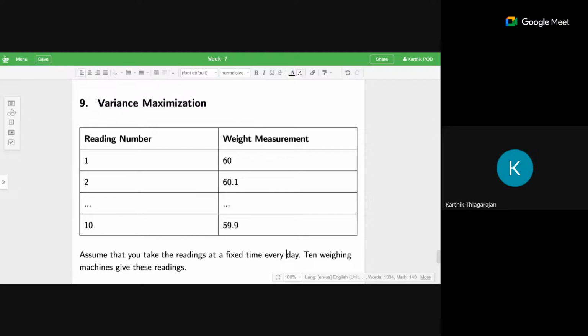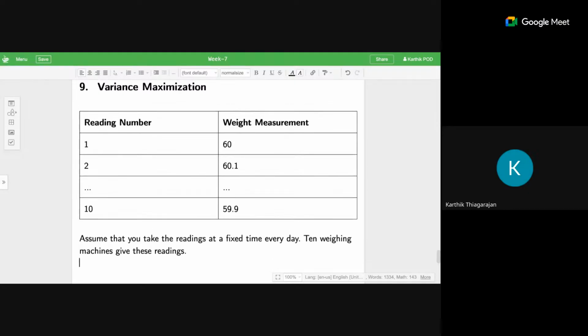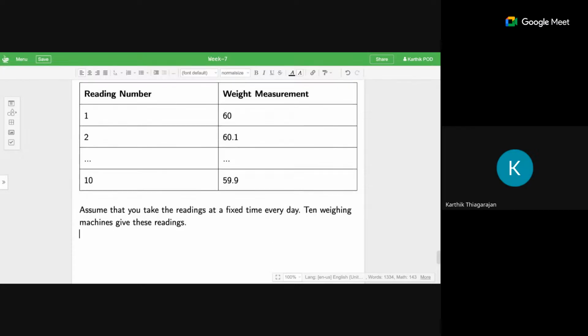So what can you say about the variance of these measurements? What would you like the variance to be? Less or more? Large or small? Small, less, yeah, small, right? Because your weight is, let's say, 60, and that's your mean weight.